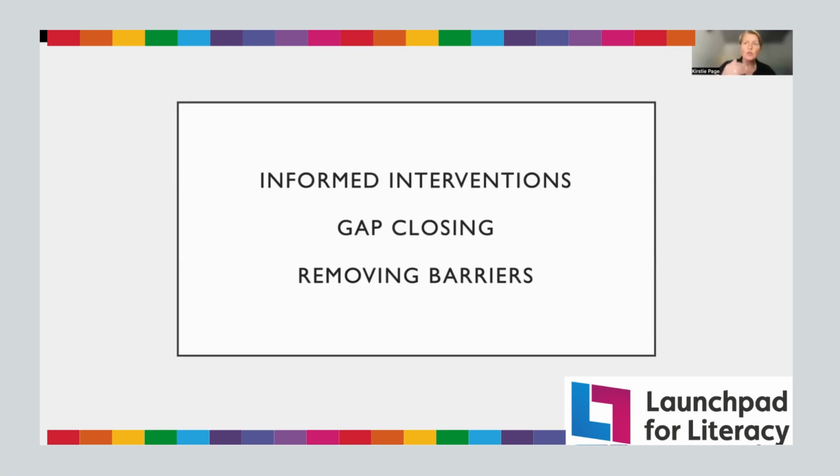So we're working towards removing the barriers so that children can move into blending, so that children can make progress with phoneme grapheme correspondence from the level that they're at the minute.